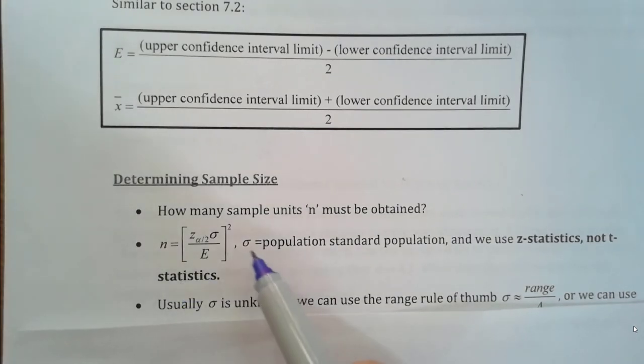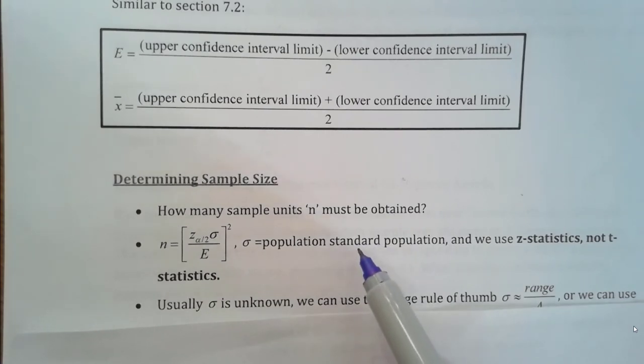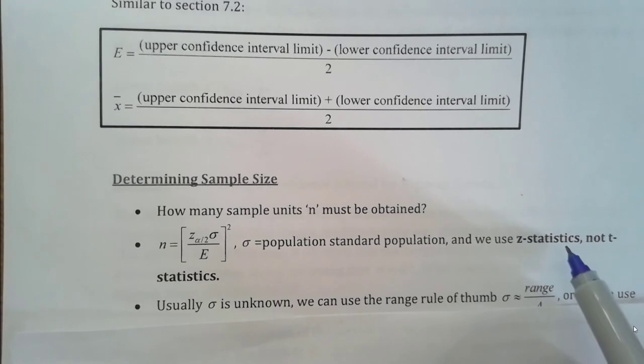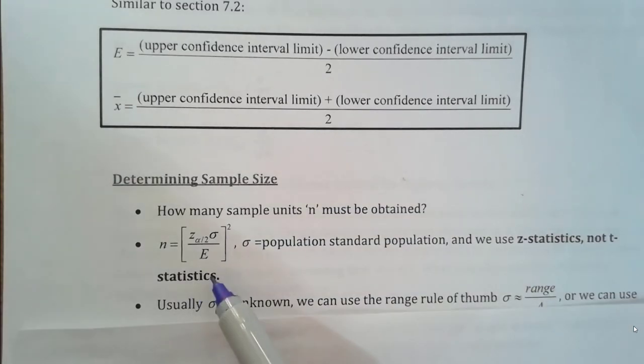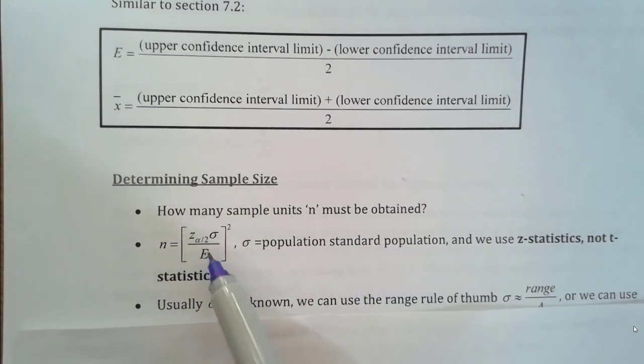When the population standard deviation sigma is given, we can use the z statistic, not the t statistic, to find the sample size n by getting the z-score of alpha over 2, the critical value, multiplied by sigma, the population standard deviation, and then dividing by the margin of error, the whole thing squared.